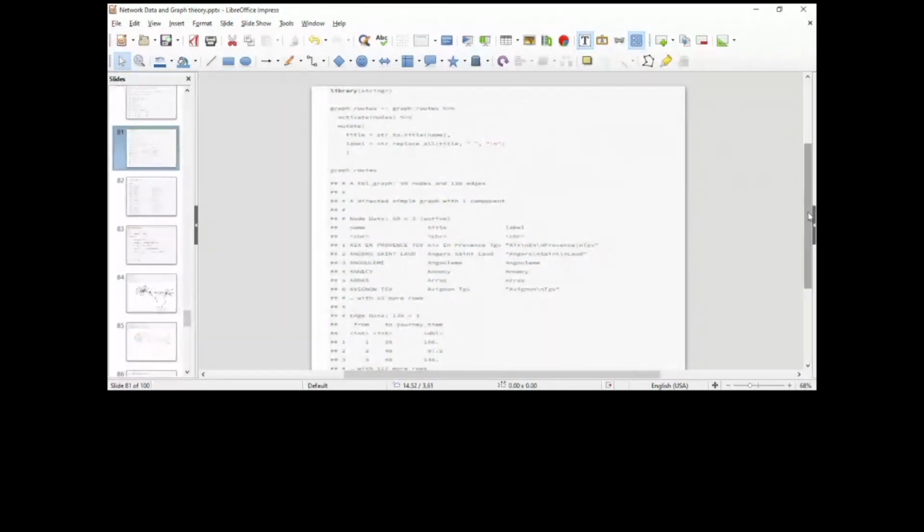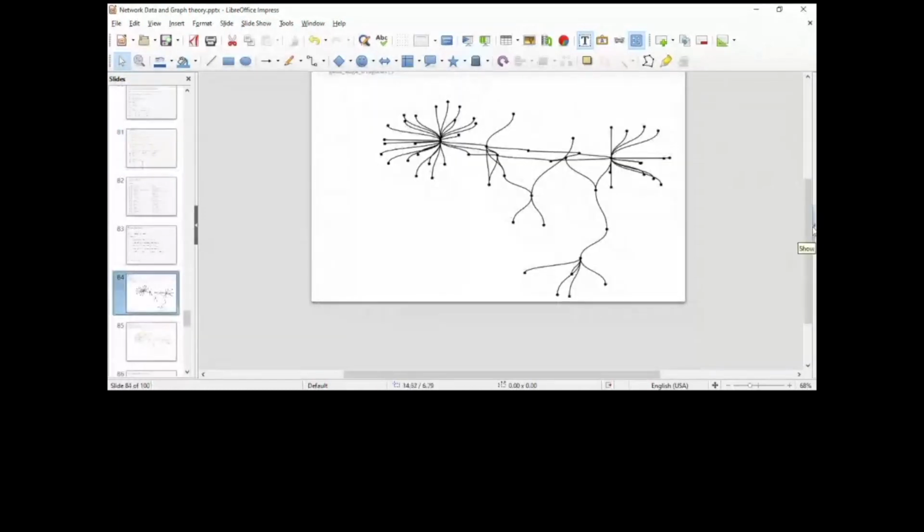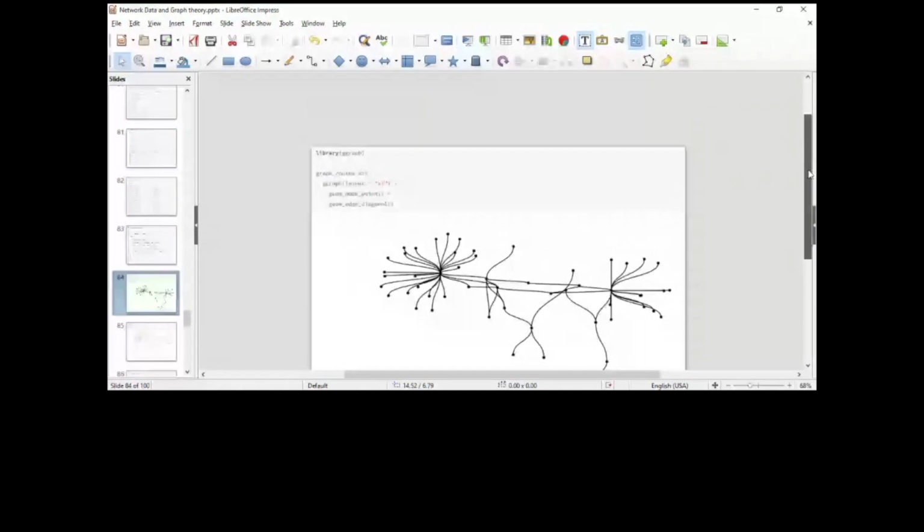And then this is the node. Now we want to turn that into links, the relationship between the stations.